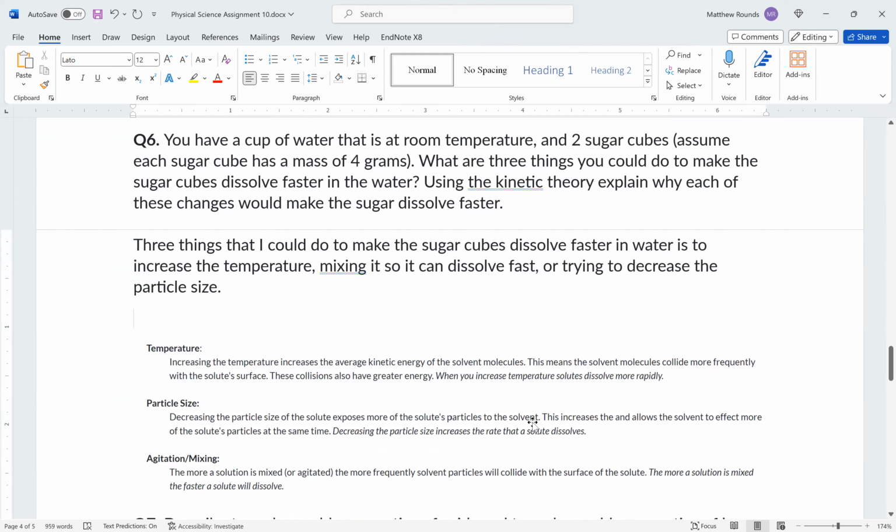You say, this allows the particles to be more available, there's more surface area to dissolve. And then mixing increases the rate at which the particles collide. Again, it's just summarizing what's in these three notes.